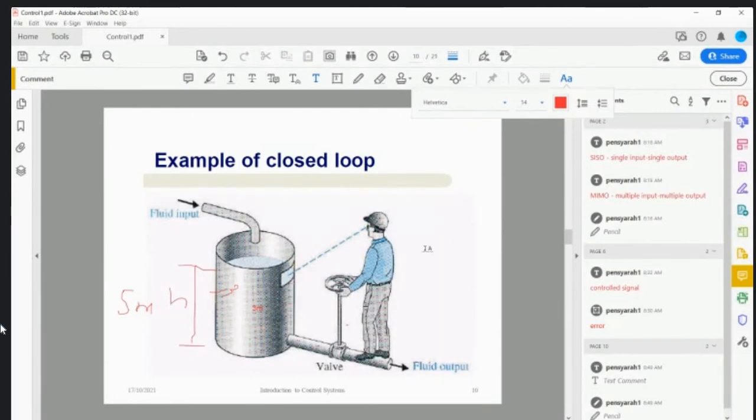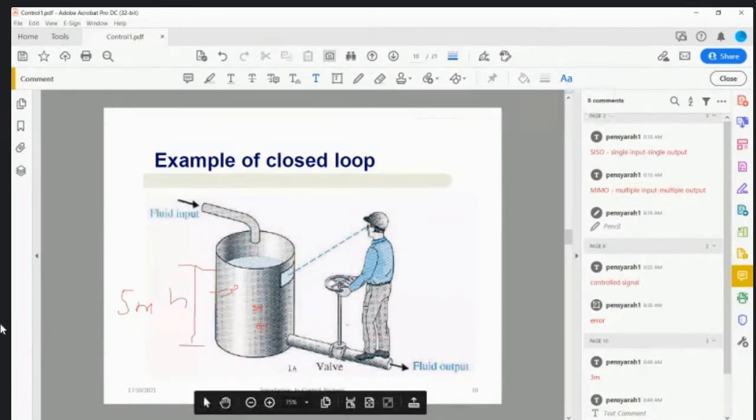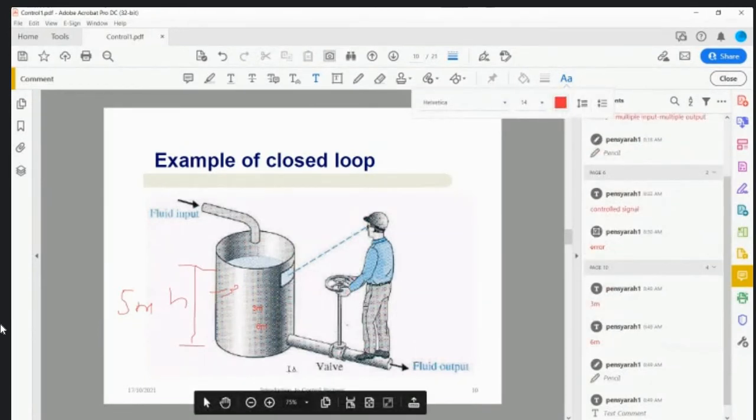Right? So if the level is 6 meter, open back the valve to get exactly 5 meter back. Yes, you need to open more widely, as compared to 3 meter, 4 meter, where he may need to open only some of the valve.